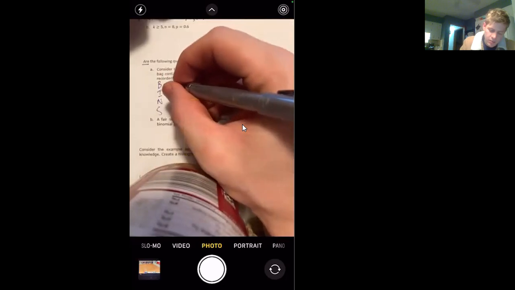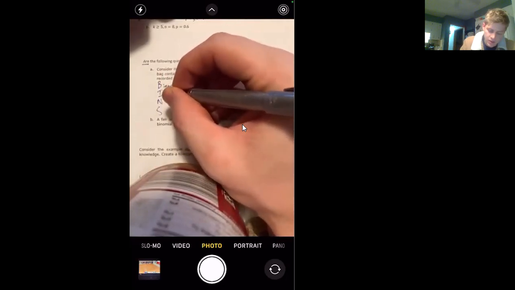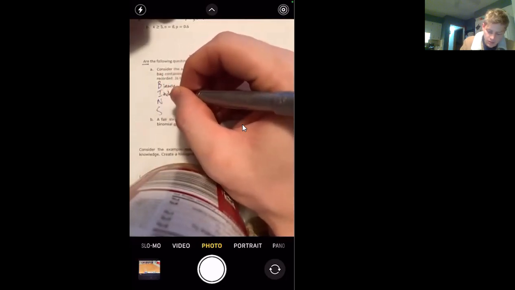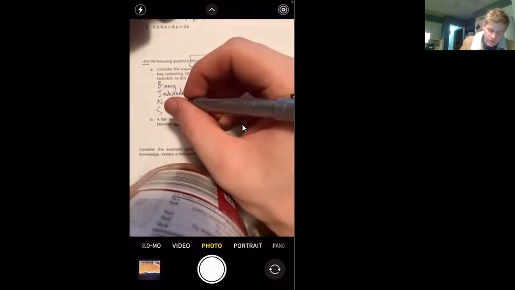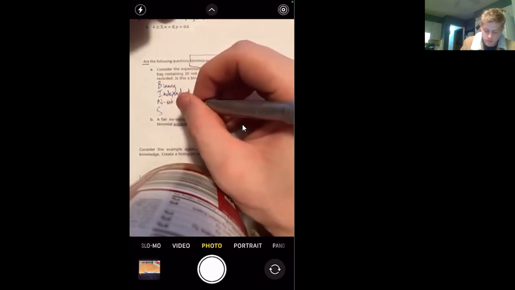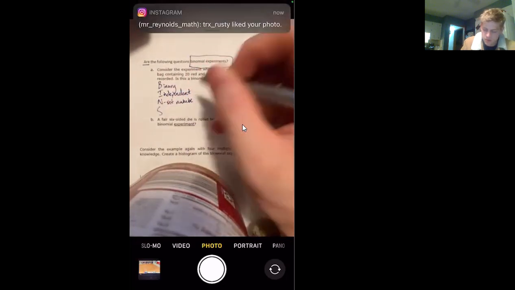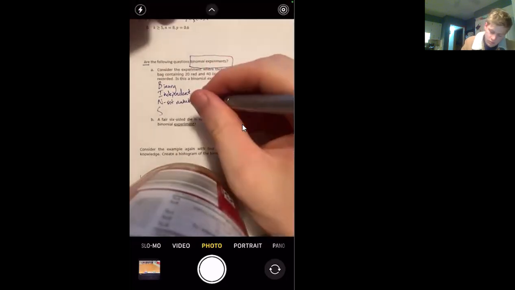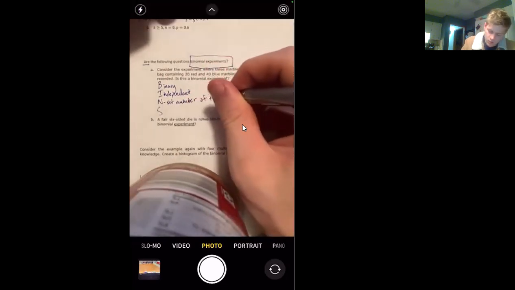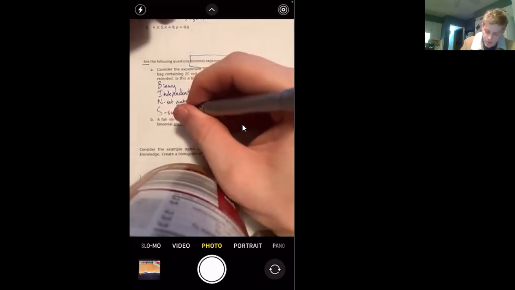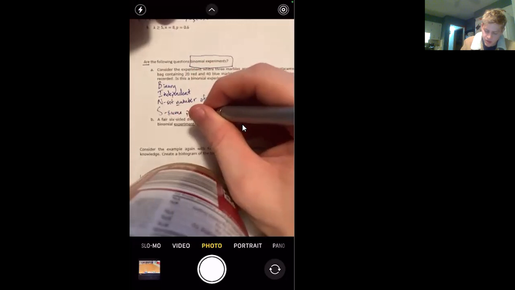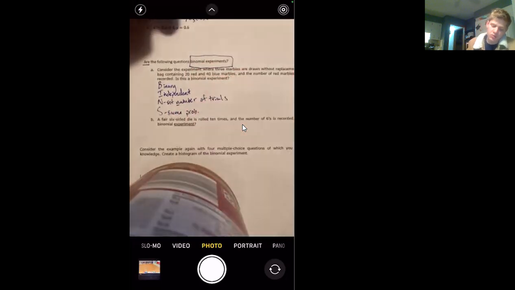Is it binary, independent, set number of trials, and then same probability? So let's kind of go through here.